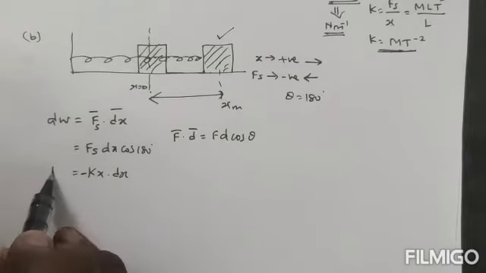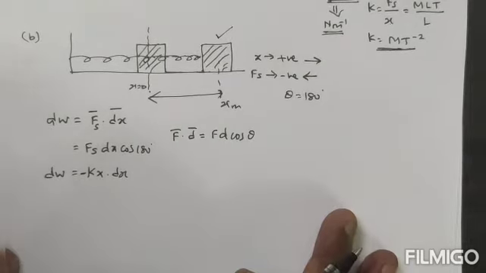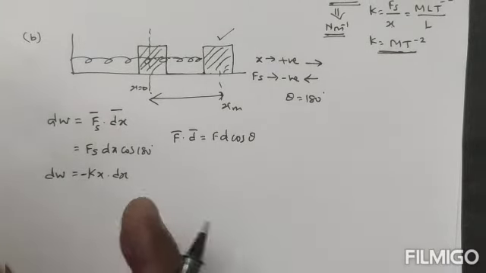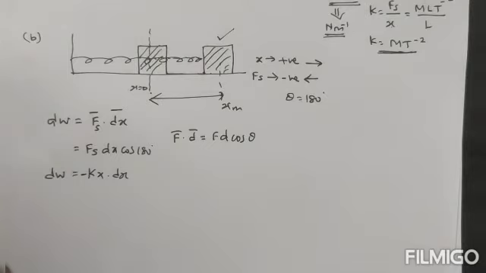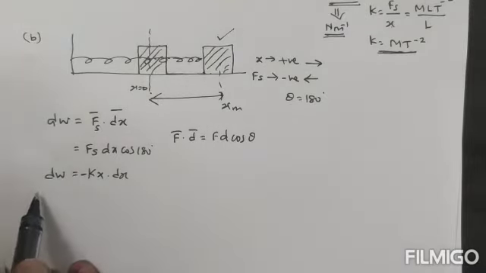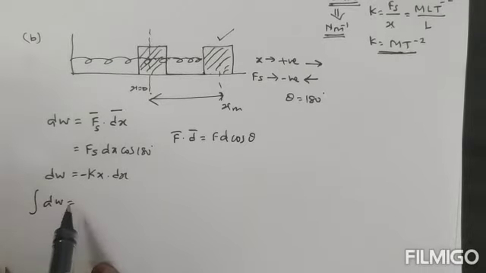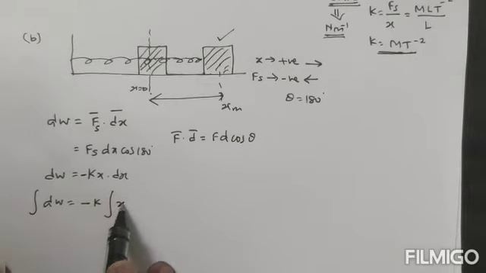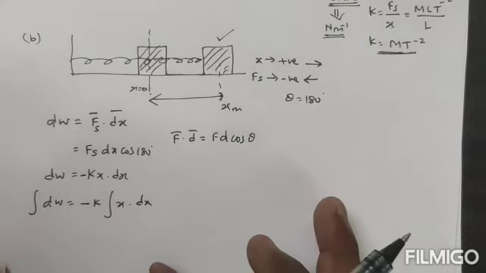So this is the small work done. Now let us calculate the full work done for the stretching, so let's integrate on both sides. The integration of the small work done gives minus k, which is constant, outside, then the integration of x dx.